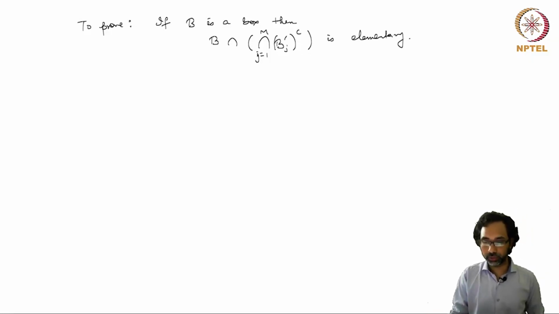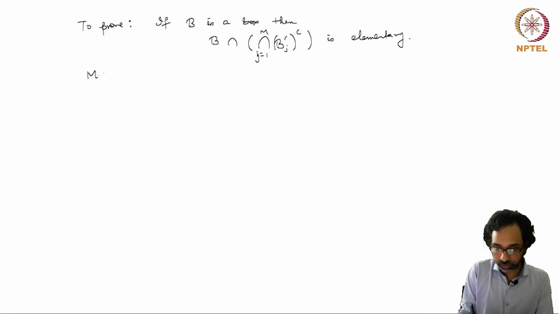So this is what we have to show for any box B. So first take m equal to 1. This will be our base case for the induction.